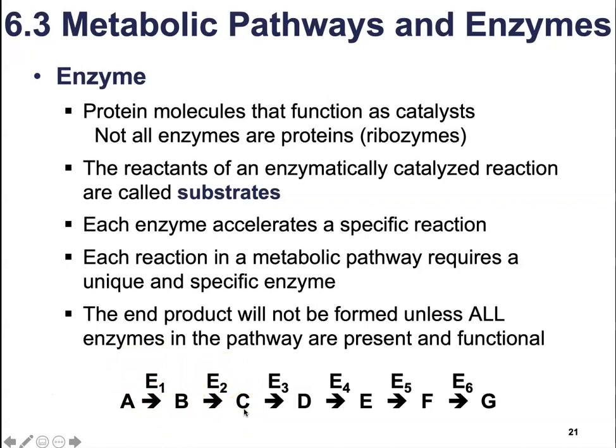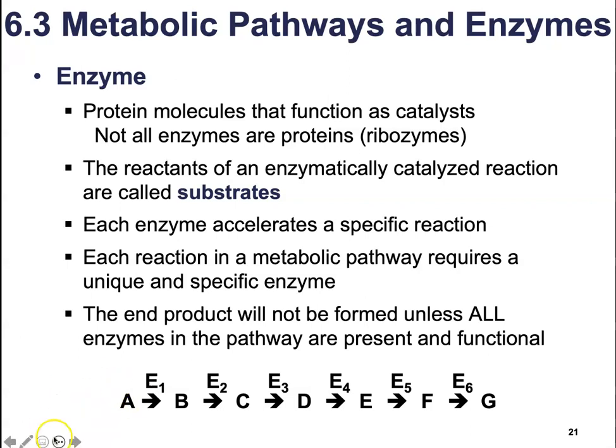In chapter 3, we were just talking about chemical reactions in general. We didn't mention energy. We didn't mention enzymes. It is necessary to have an enzyme for every single reaction that occurs in the cell, okay? So in fact, this with the enzymes in the metabolic pathway is more realistic, and even more important to understand.